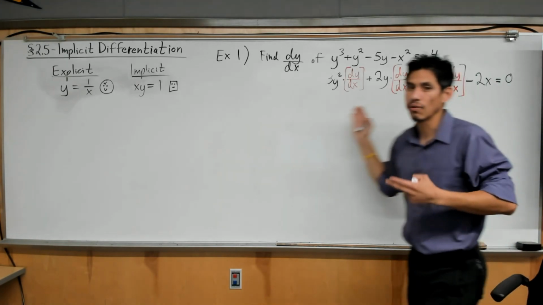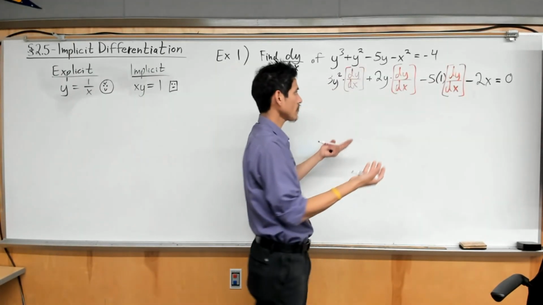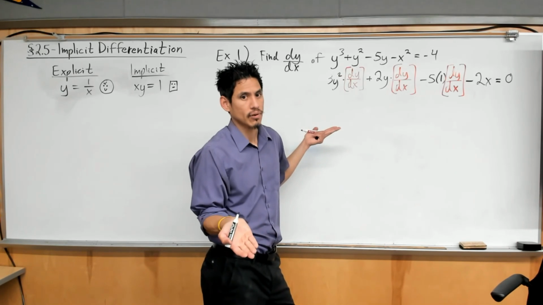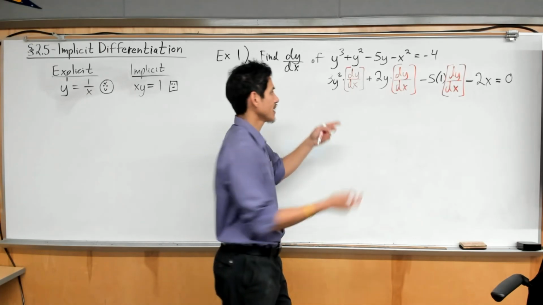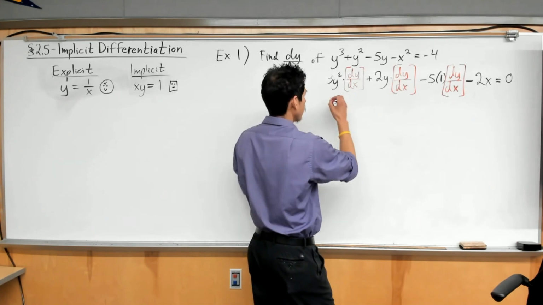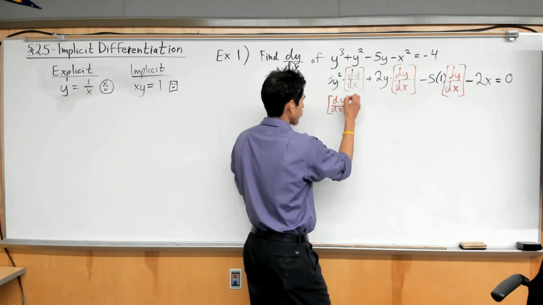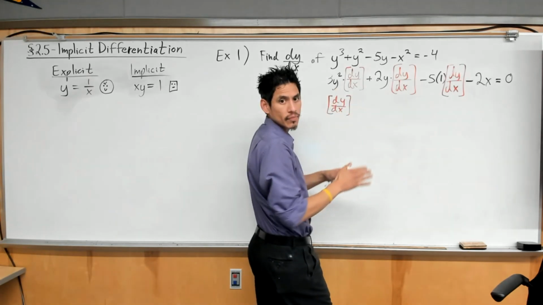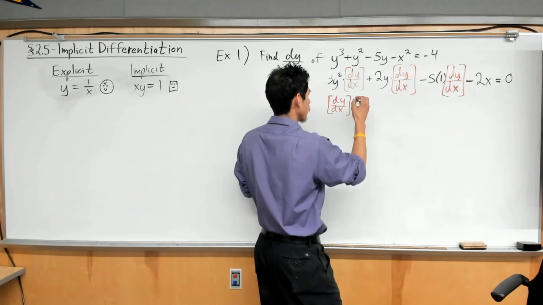And now we treat the dy dx as if it's a term, as if we're solving for a variable. It's not technically that. It's not even technically a fraction, but you can treat it by those similar properties. So don't overthink it.